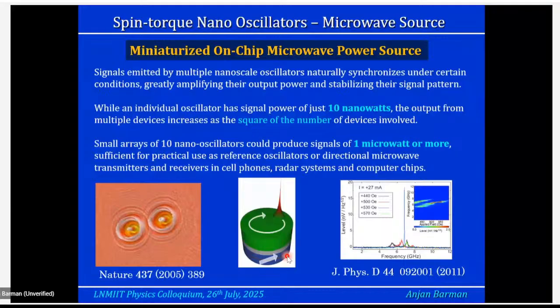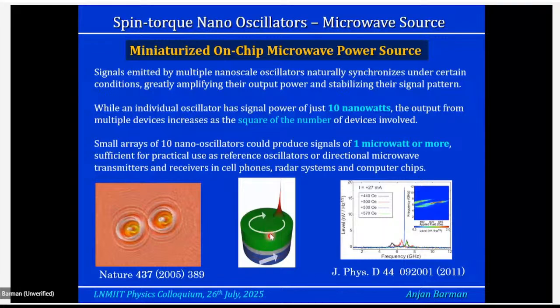So that spin polarized electron will be able to cross or tunnel through this barrier and be injected into this second ferromagnetic layer. And now it has a magnetization, so it will exert a torque on the second ferromagnetic layer.